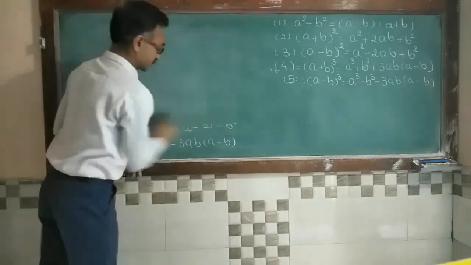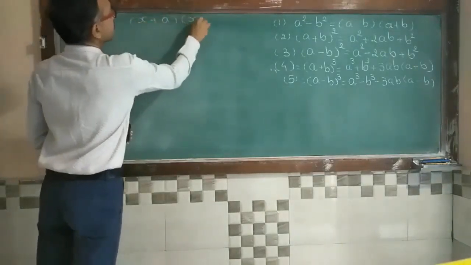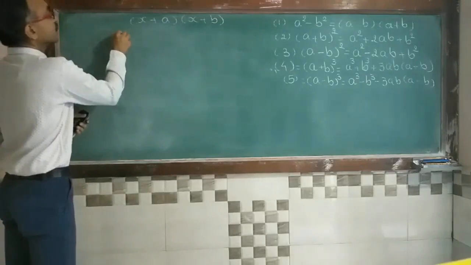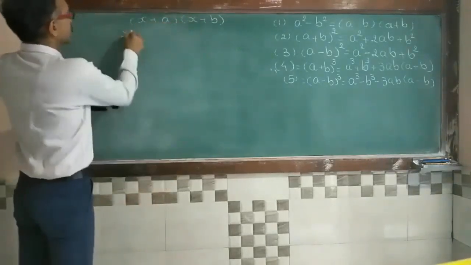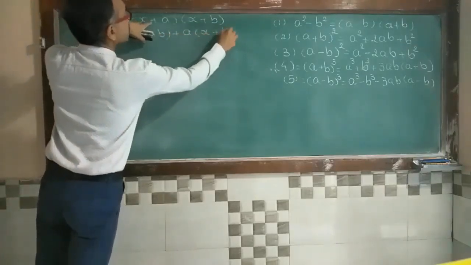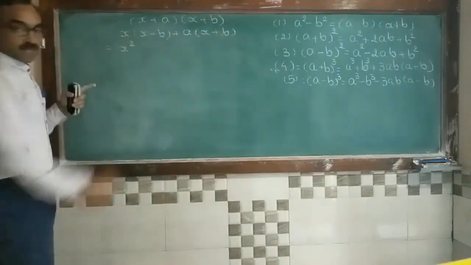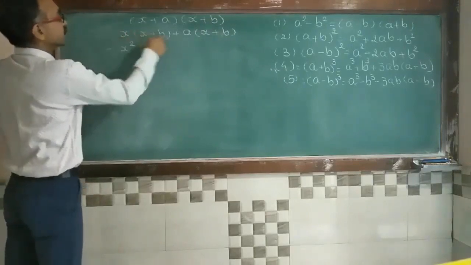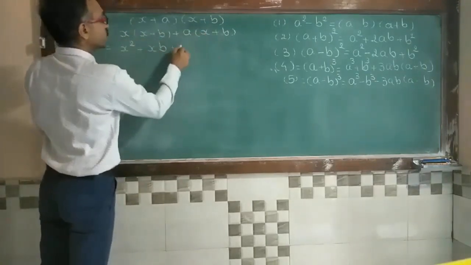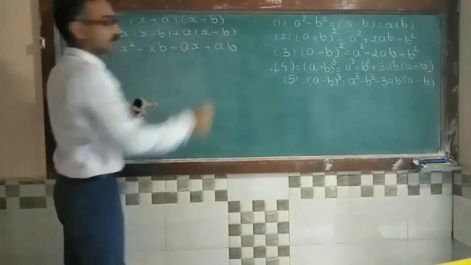Now suppose you are given (x plus a) and (x plus b). Then see here, multiply x into (x plus b), again plus a into (x plus b). Then x into x is x square, plus x into b is xb, plus a into x is ax, plus a into b is ab.